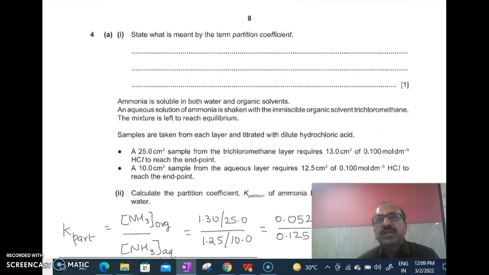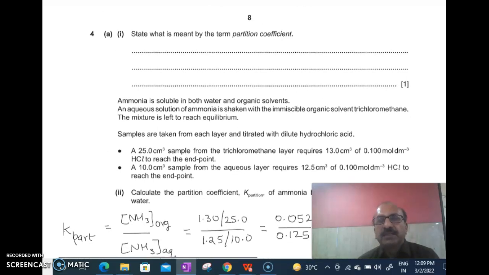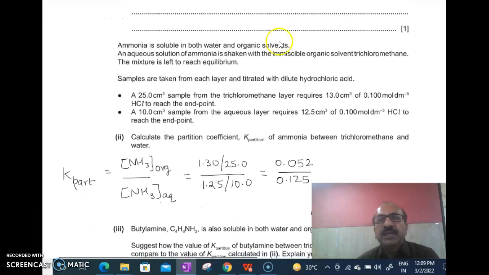The question says, what is meant by the term partition coefficient, which I already explained. It says that ammonia is soluble in both water and in organic solvents, and an aqueous solution of ammonia is shaken with the immiscible organic solvent trichloromethane. The mixture is left to reach equilibrium.